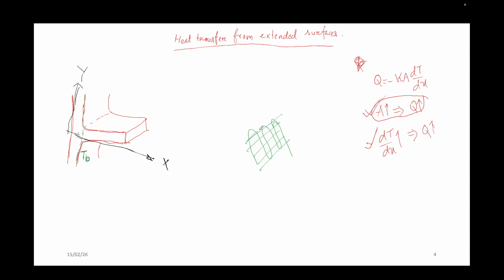This horizontal line is basically the extended fin. Their main purpose is to enhance the heat transfer so that the heat can be easily released to the atmosphere.